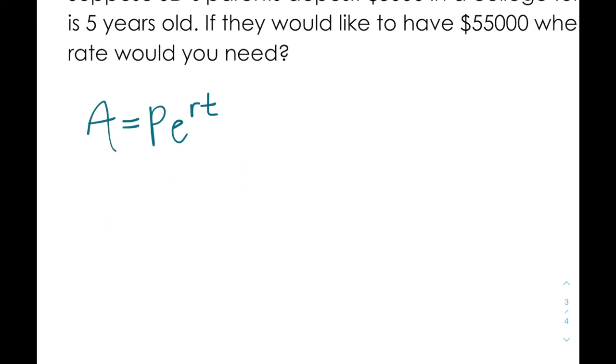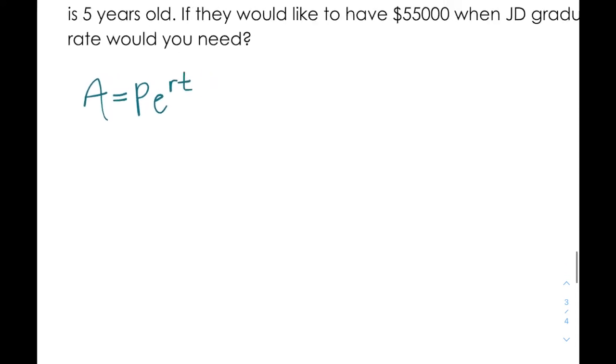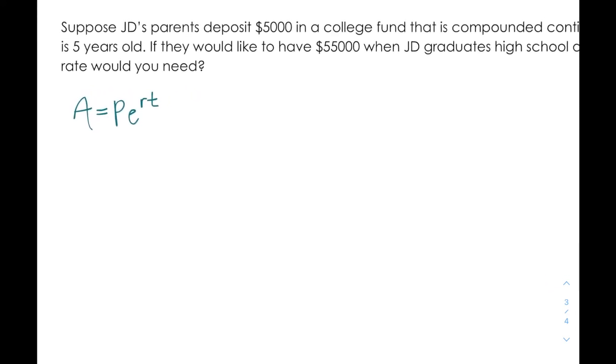So here, the cool thing that makes this not too tricky is that A still stands for the amount you have at the end. And in this case, they want to have $55,000. They want their account to read $55,000 at the end of the time. The amount they're putting in is P, the principal, their investment, their deposit was $5,000.